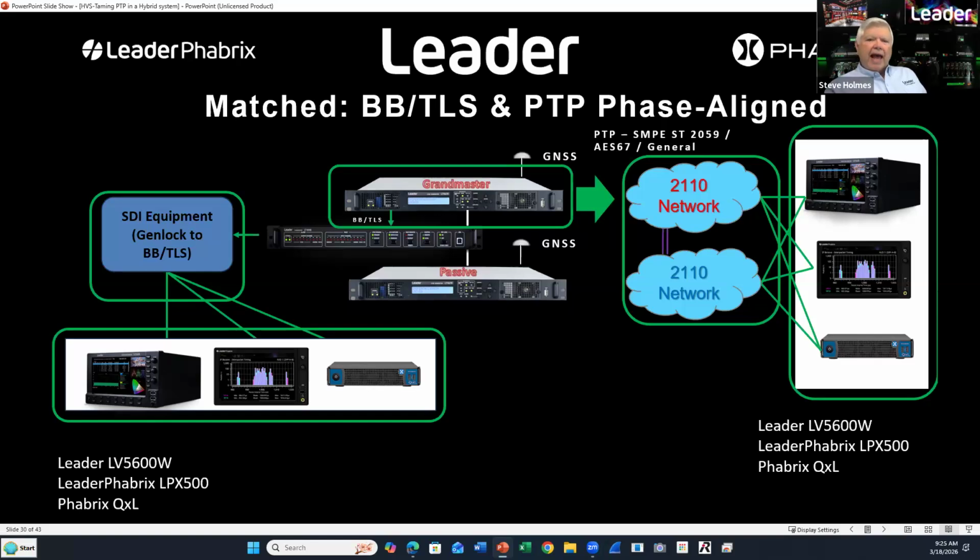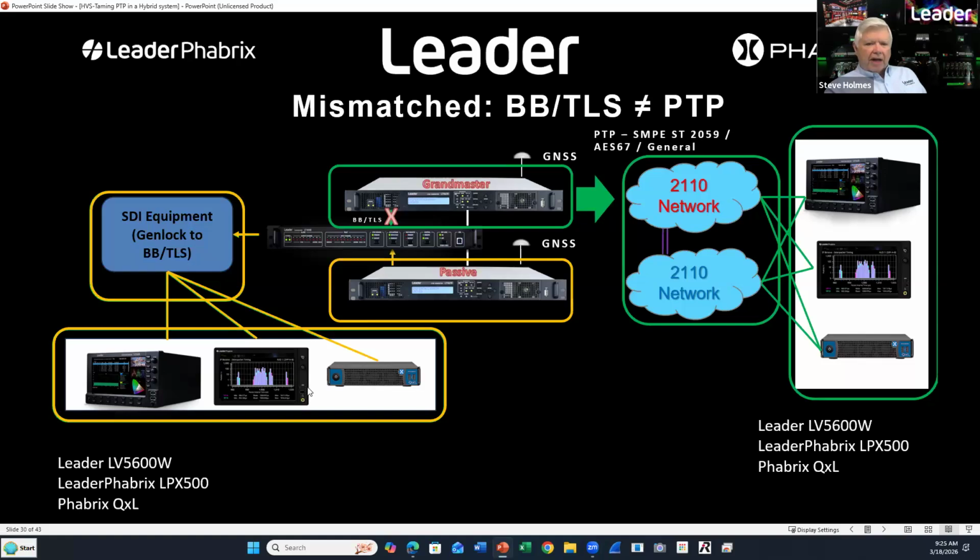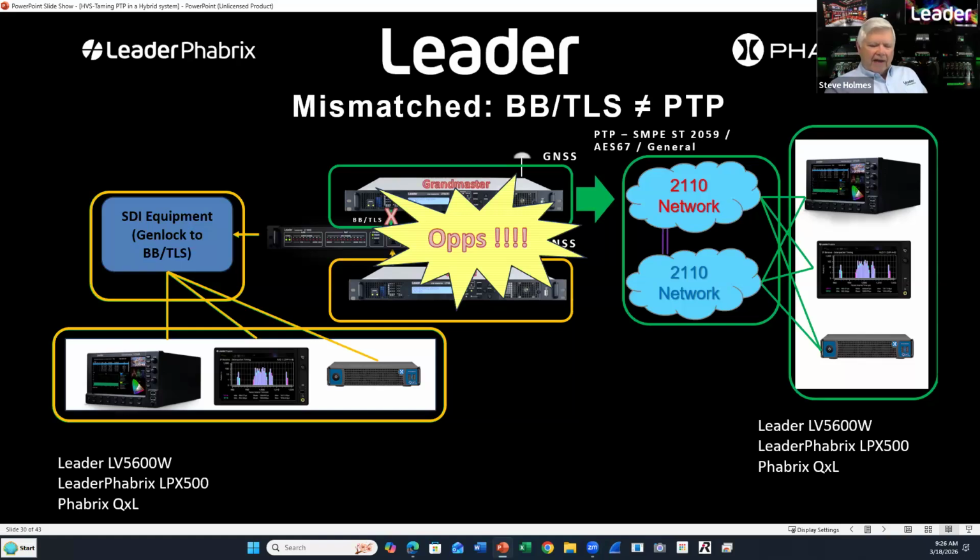And the same thing would happen if you lost blackburst. If I now lose blackburst, yes, I will switch my baseband signals over, but I'm still feeding PTP off the top grandmaster. This is not something you want to have happen in your network.